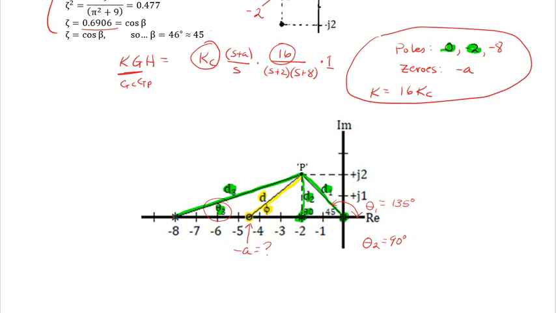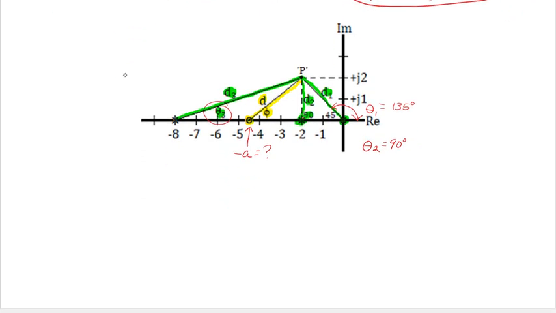So now that we have that, I can go ahead and write the angle condition. As you should remember, the angle condition is going to be the pole angles minus the zero angles equals 180 degrees.